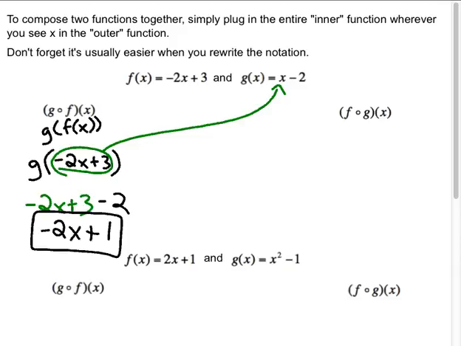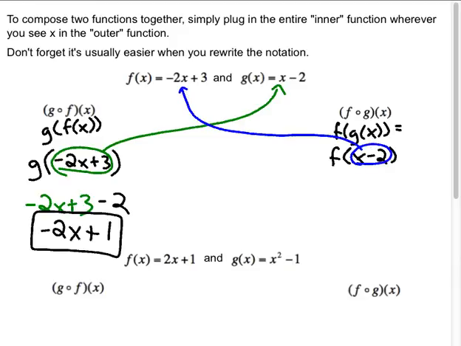All right, so let's talk about the other way. f of g of x. So f of g of x, well, g of x is x minus 2. So here, now I'm putting this whole thing into the f function wherever I see the x.